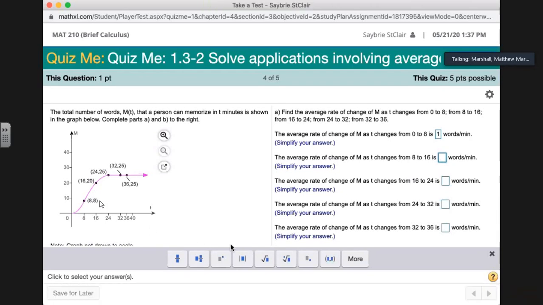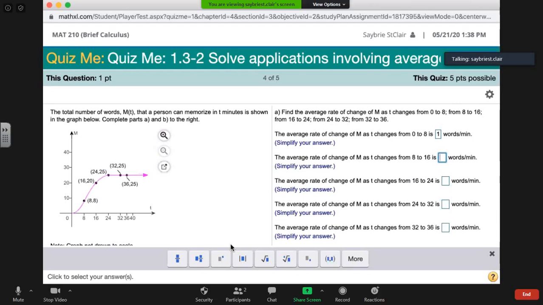So they're having you practice that, finding slope with 2 points. 20 minus 8, 12. Yep.